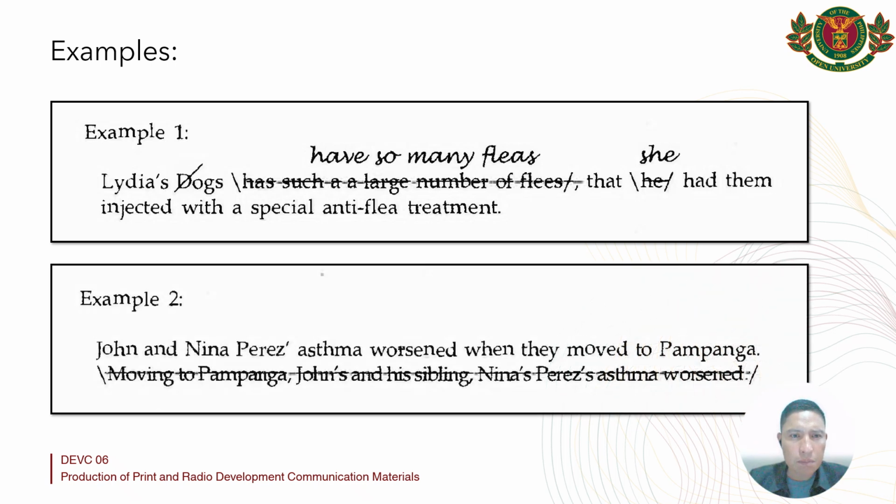The last example, the grammar of the sentence is clearly wrong. As an editor, we do not hesitate to rewrite a sentence if we feel there's no way of salvaging it. As you can see in the example, it is very grammatically wrong. But a word of caution when you have to rewrite a sentence: make sure that you don't change the meaning of the original sentence.